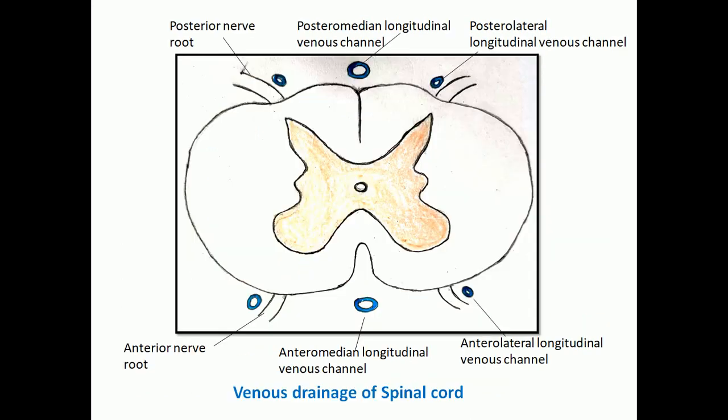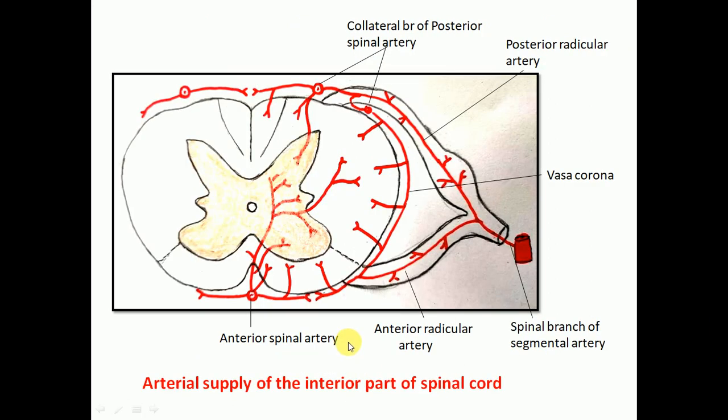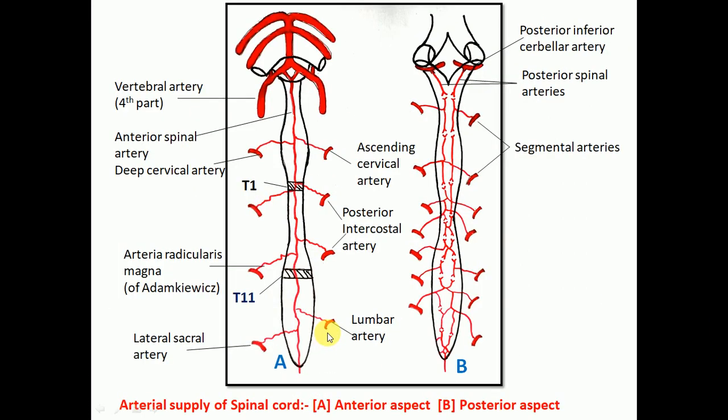Next, venous drainage of the spinal cord. Before venous drainage, one thing I forgot: at the level of T1 and later at the level of T11, a larger segmental artery can be seen, called the arteria radicularis magna. It is the largest out of all these segmental arteries. So that can be seen at the level of T1 as well as T11.